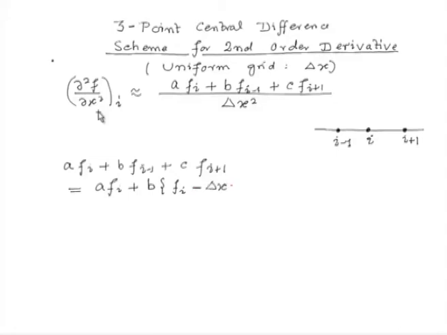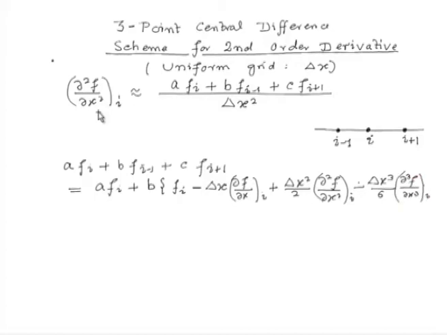minus delta x times del f over del x at I, plus delta x square by 2 del 2f over del x square at I, minus delta x cube by 6 del 3f over del x cube at I, plus delta x to the power 4 by 24 del 4f over del x 4, plus other higher order terms.